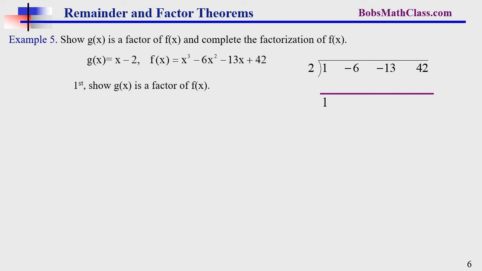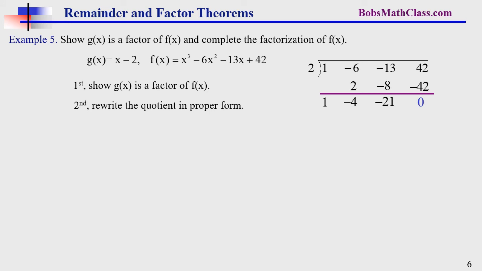Bring down the 1, multiply, -4, multiply, -21, multiply, -42. There it is. We have to get a remainder of 0 because it says to show that g of x is a factor.